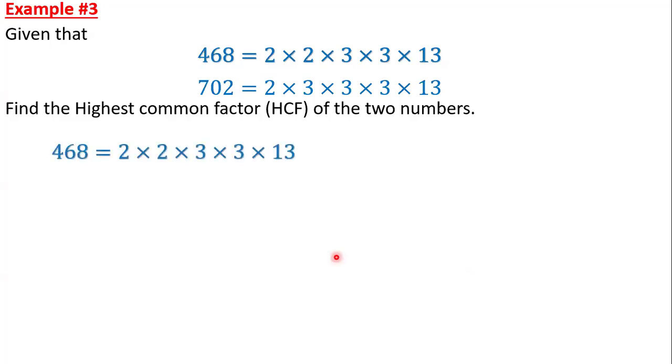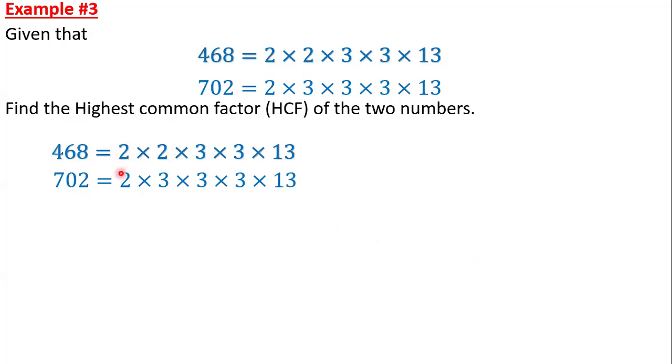The highest common factor is right there. You think so? If you think you know the answer, put it inside the chat. Liliana, are you there? Yes, sir.